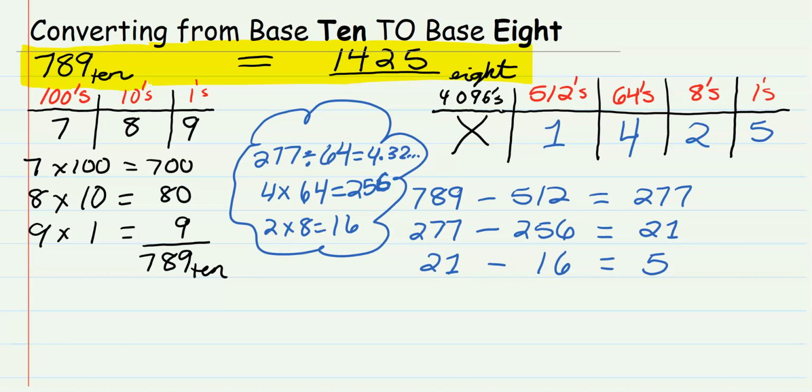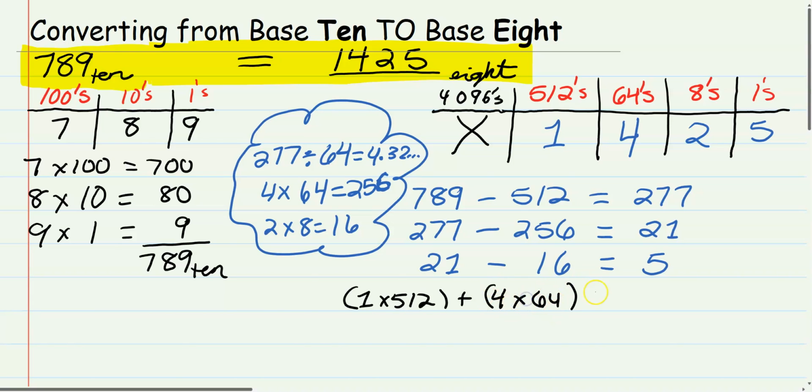Whereas in base 8, I have one group of 512 plus 4 groups of 64. That's what that place value chart means. 4 groups of 64 plus 2 groups of 8 plus 5 singles.